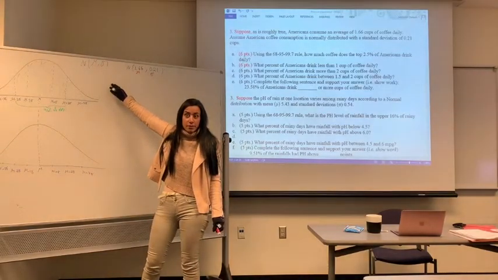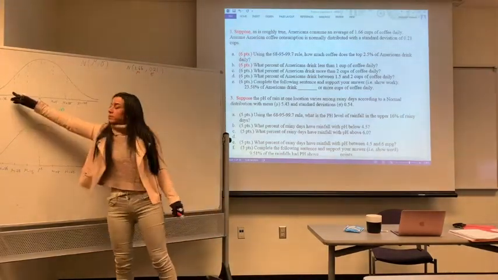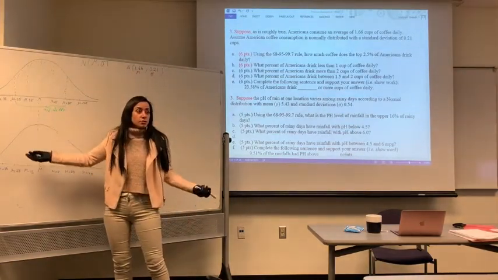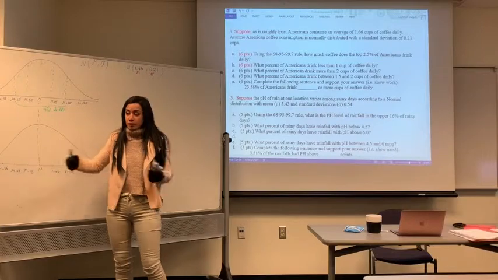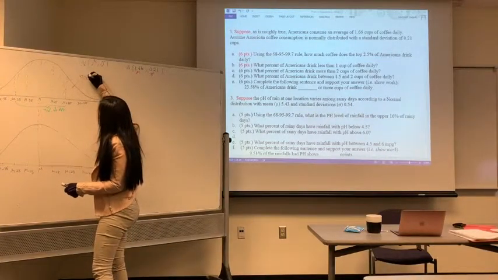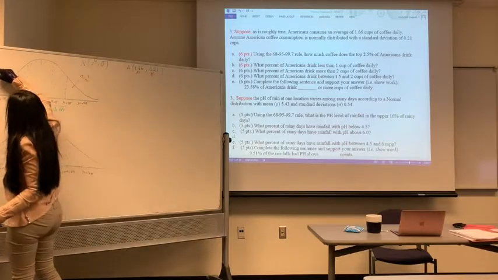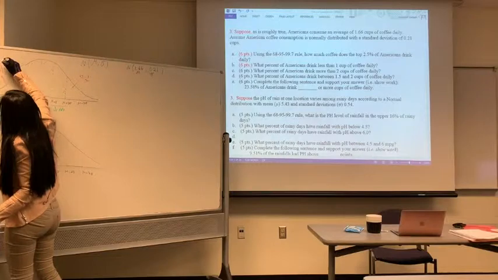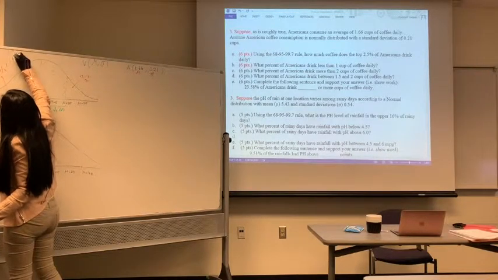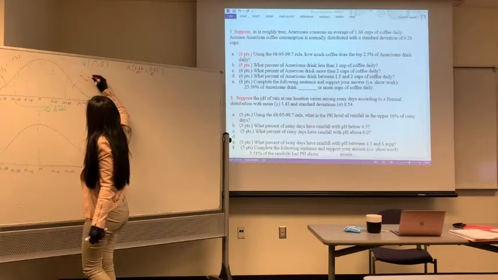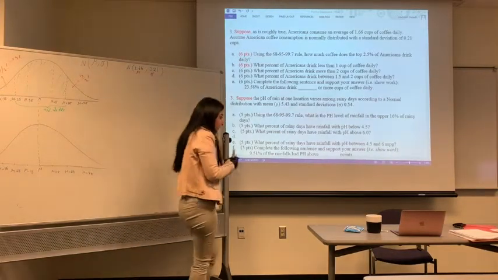So this one plus this one is 5%, and each of them is 5 divided by 2, which is 2.5%. This is the bottom 2.5%, and this is the top part.